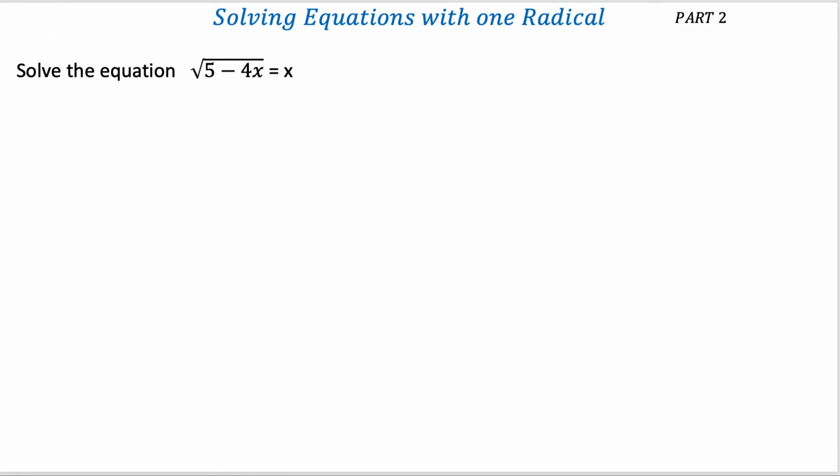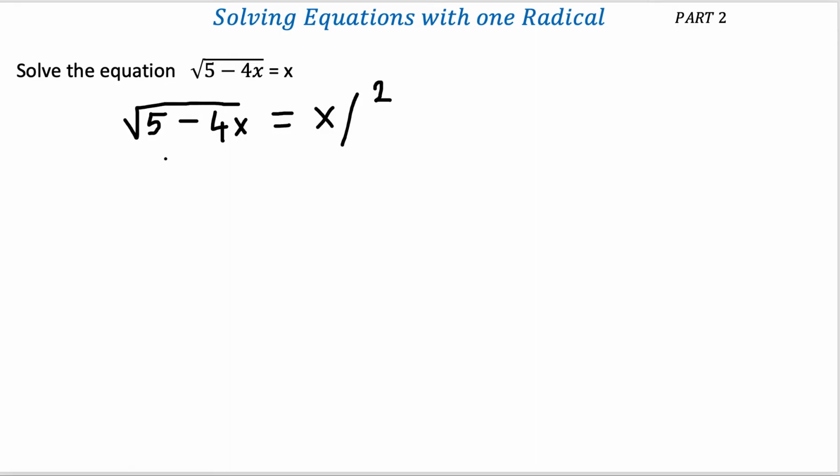And just let me take this here, okay. And now let me rewrite this, and I'm going step by step. Let me write square root of 5 minus 4x. Inside here is a 4x, and this is equal to x. So I'm squaring both sides.